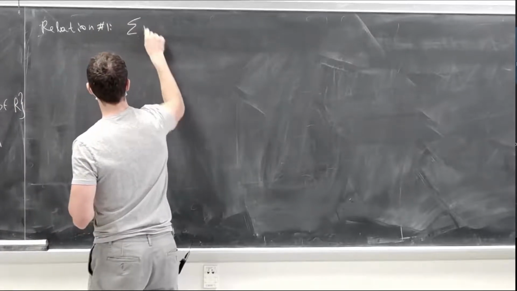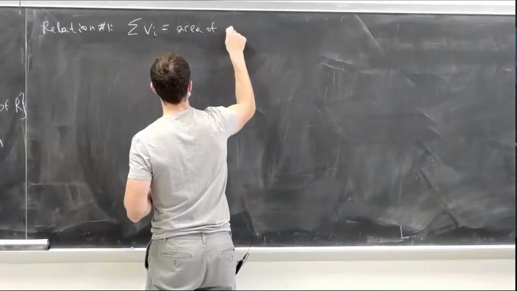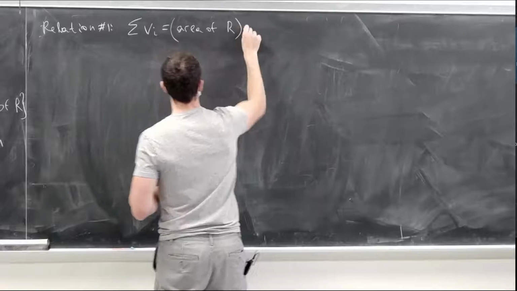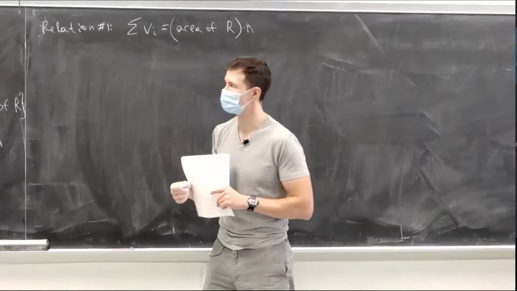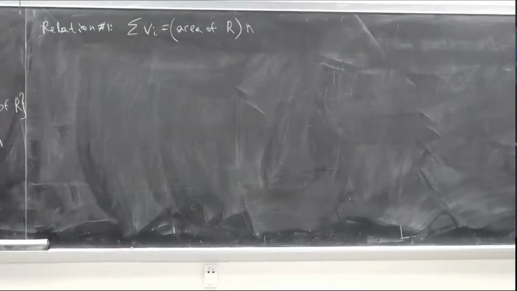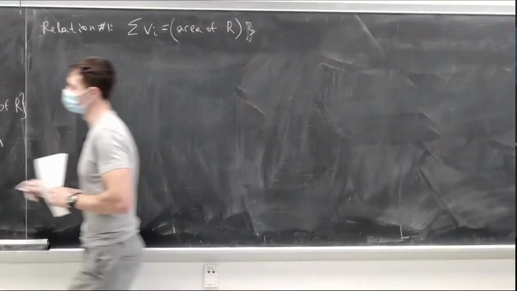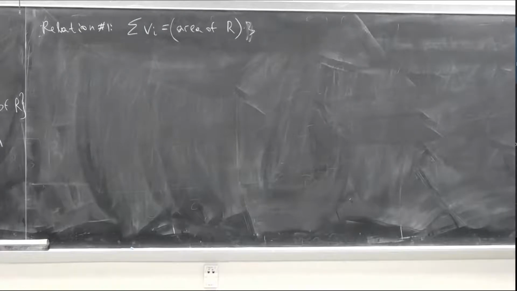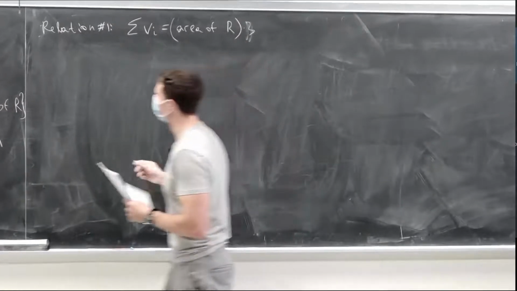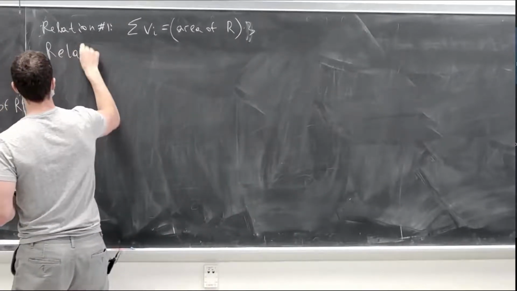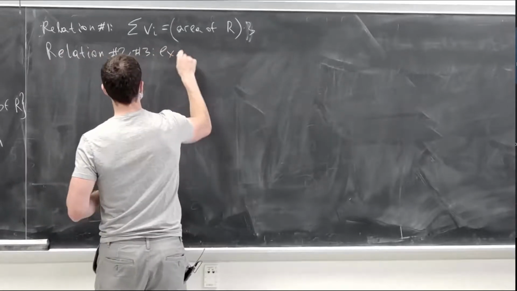The sum of coordinates is equal to the area of your polygon times 3, because each triangle contributes its area to exactly 3 vertices. All right. And there should be 2 more relations which are independent of this one. And that's an exercise.